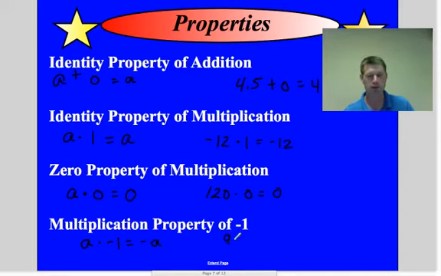This is really helpful in more advanced math because you can kind of almost cheat the system a little bit. So we're going to multiply 9 times a negative 1, and what we get is a negative 9. So it just allows us to change the sign of the problem there by multiplying by negative 1. Okay, and these are equivalent equations or expressions there.